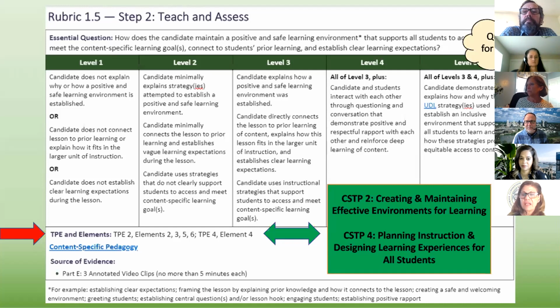And in that way, the ILP for candidates who have the TPA to complete is no different than for any candidate. And the support is no different in that it is tailored to what that candidate needs. I think it's really important to keep in mind how directly the TPEs are correlated to the CSTPs and draw from that.